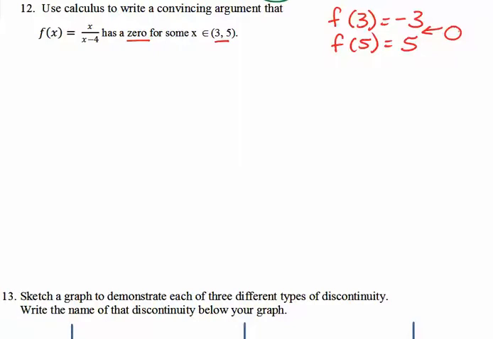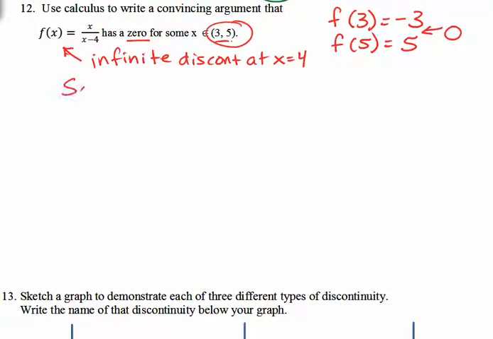IVT looks like it should work, but is there a continuous interval here from 3 to 5? We see that f of x has an infinite discontinuity at x equals 4.